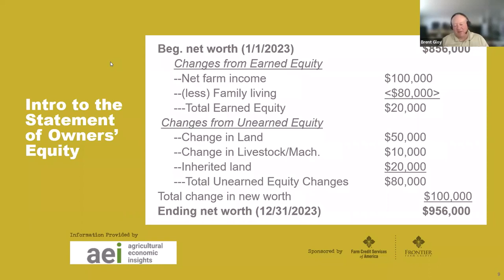That's reality, but it's important to think about, if we want to continue to grow that business, what can we do to boost the earned equity side of the ledger a little bit? Is there an off-farm job or something that can help keep some of those earnings in the business?